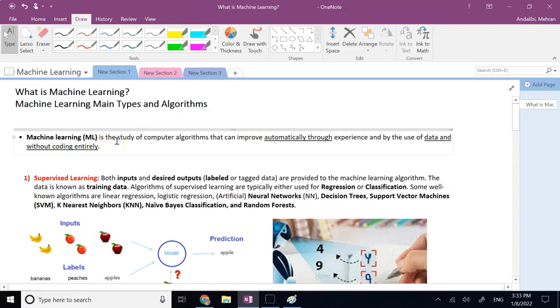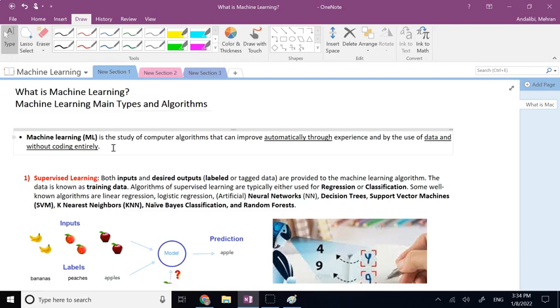If I just quote it from Wikipedia or some other website directly, I would say it is basically a study of algorithms, you might say computer algorithms, that try to improve their performance through dealing with data and through learning from data.